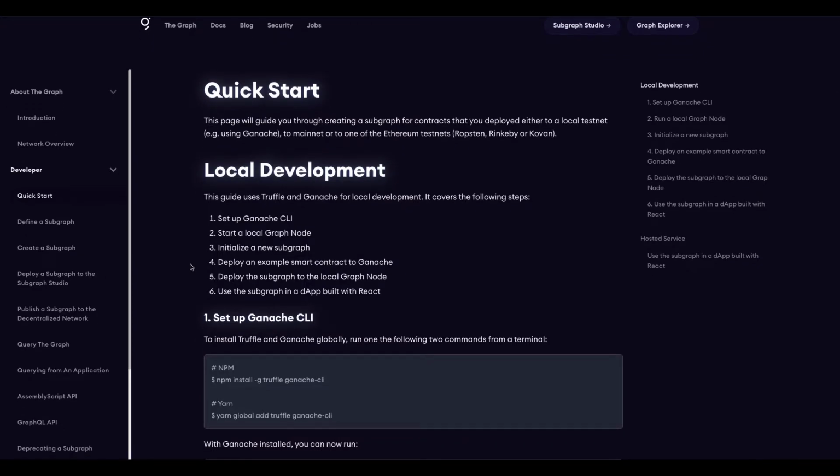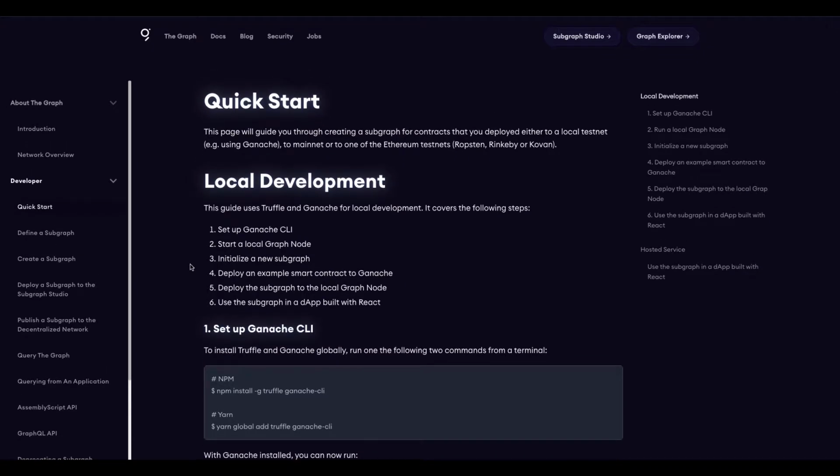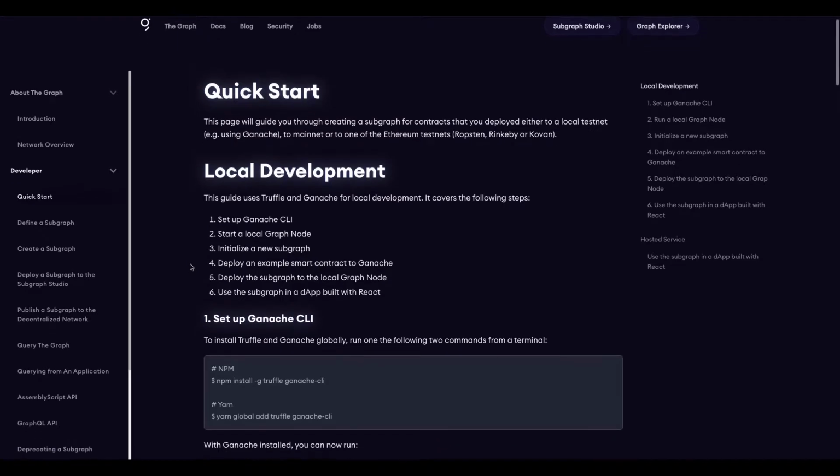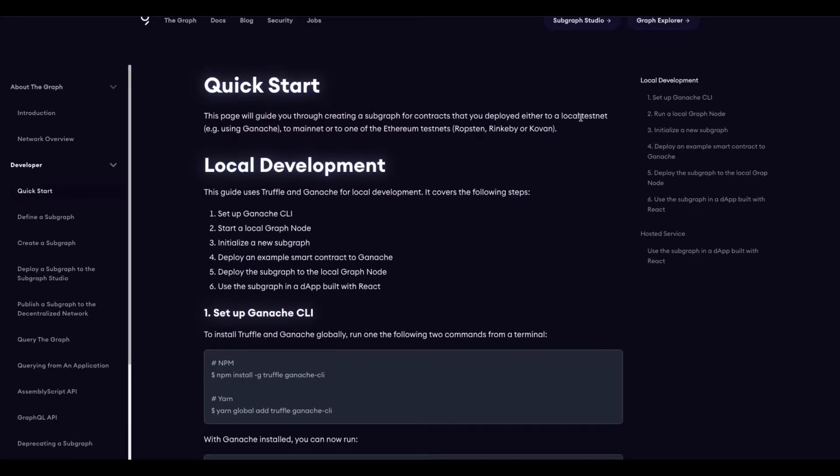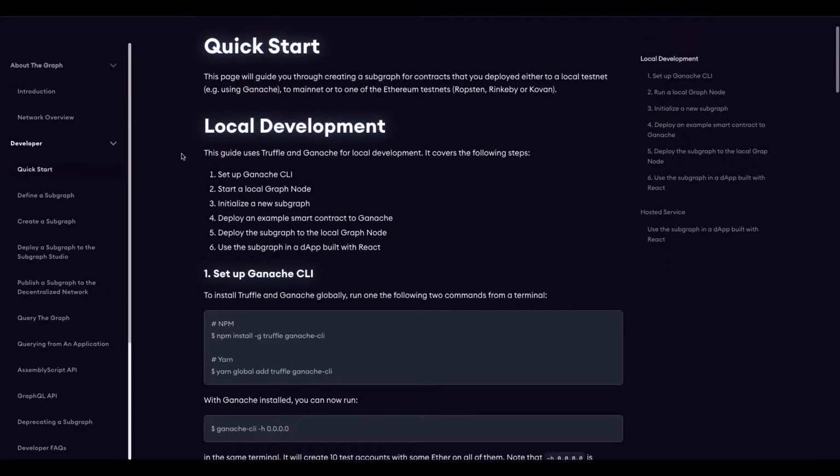So first one is a developer. As a developer, you can create subgraphs, and subgraphs are APIs that will index data in your smart contracts and dApps. You can use a testnet like Ropsten, Rinkeby, or Kovan, and you can test it out on a fake blockchain like Ganache.